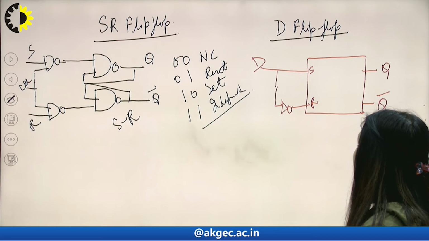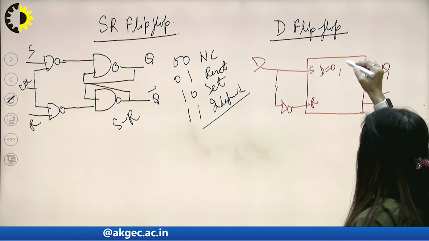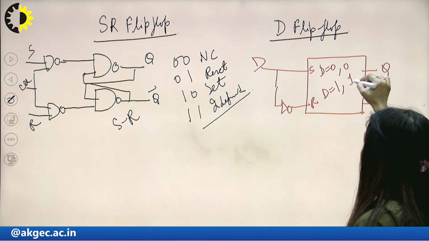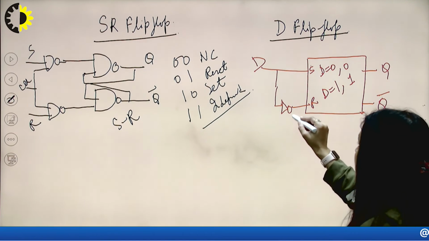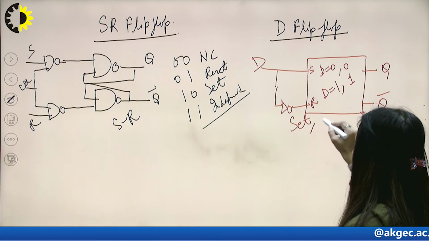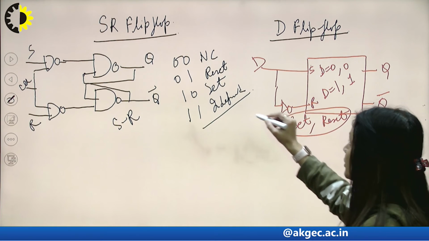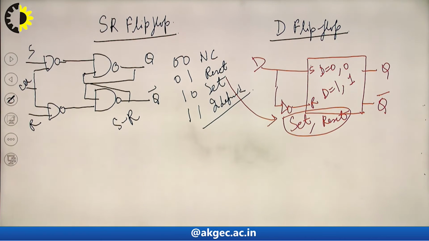If D is equal to 0, the output is 0. If D is equal to 1, the output is 1. That means either it will remain in the set condition or it will remain in the reset condition. So two conditions have been removed from the SR flip-flop to get the D flip-flop.